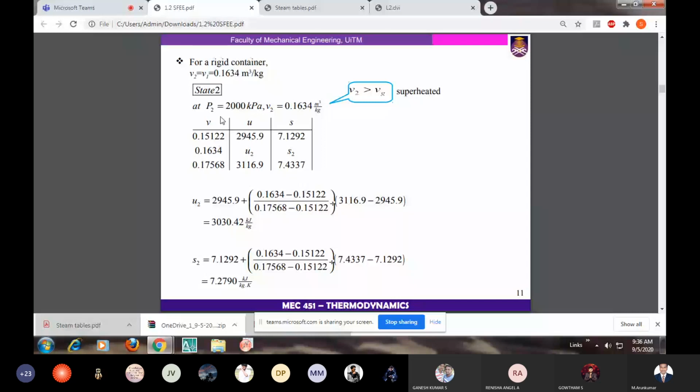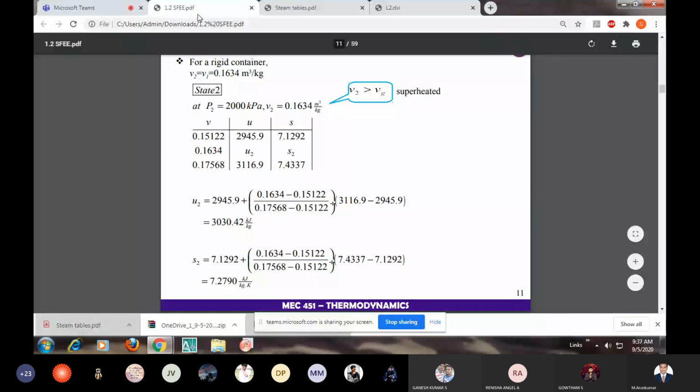In the steam table, at the pressure of 2000 kilopascal, we want to look at the specific volume, that is 0.1634. Before that, we want to compare this specific volume. If the specific volume is greater than the dry saturated volume, then we have to go further. Just compare this for 2000 kilopascal in the steam table.